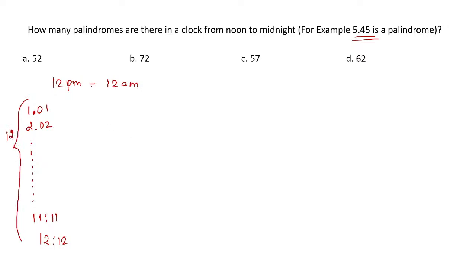Okay, apart from this, how many will be there? We will have 1:11, 1:21, 1:31, 1:41, and 1:51. Right? So this again is a palindrome, like when you reverse it, you'll get the same value.